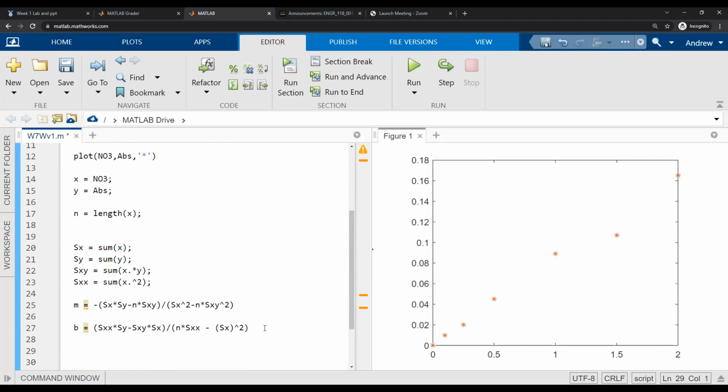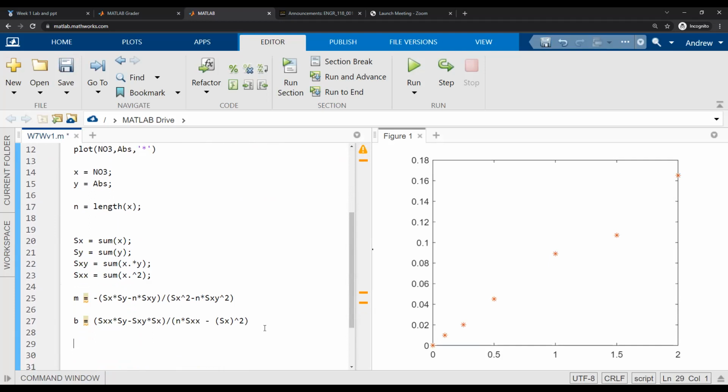So what I can do, which is the really useful part, basically I can just define the anonymous function. Let's call it just y as a function of x, right?